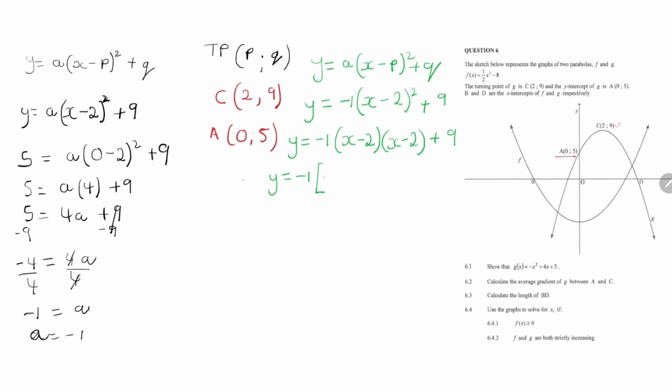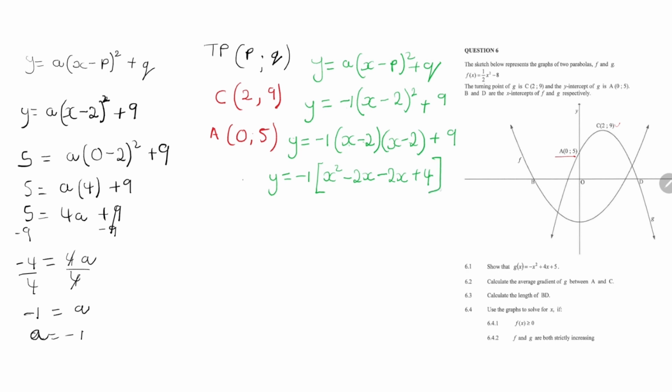X multiplied by x, that is an x squared. X multiplied by negative 2, that is a minus 2x. Negative 2 multiplied by x, that is a minus 2x. Negative 2 multiplied by negative 2, that is a plus 4.